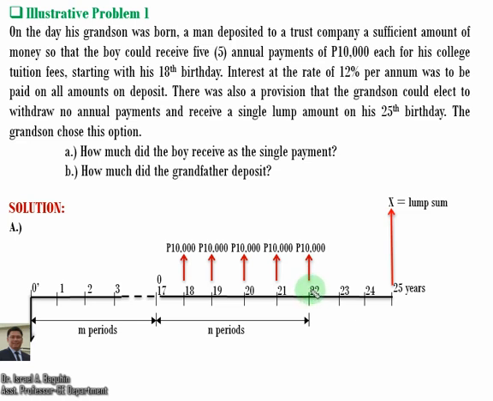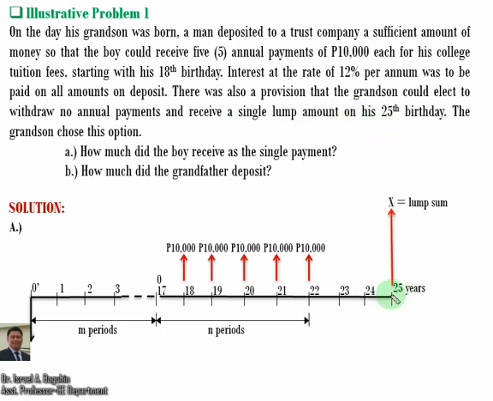Okay, and why is it that we go up to 25 years? Because according to the problem, the boy has the provision that he could elect to withdraw no annual payments and receive a single lump sum on his 25th birthday.